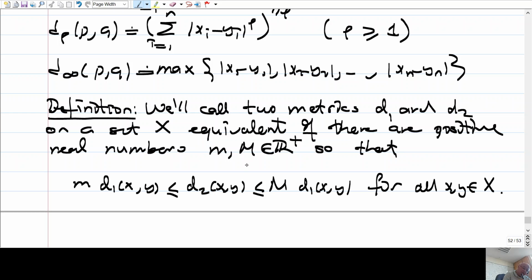I guess the first thing that comes to your mind when I say equivalent is that this should be a symmetric relation. The rule by which this equivalence is given doesn't seem symmetric: here I have d_1, but here I have d_2. It doesn't look symmetric, but actually it is.